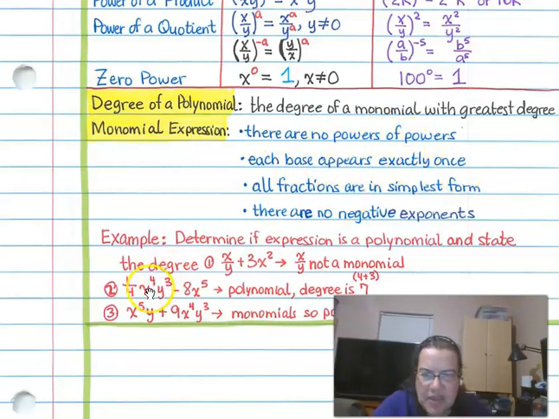So you only have the x ones, the y ones, etc. Each of those are the bases. All fractions are in the simplest form and there are no negative exponents. So if you have a monomial expression, it has to meet all of these properties. So no negative exponents. Each base is only once. You don't have like x, y, x, z, like all these things together. And of course you don't have powers to a power. So in other words, think of it just as the simplest, that you've already simplified everything as much as you can.